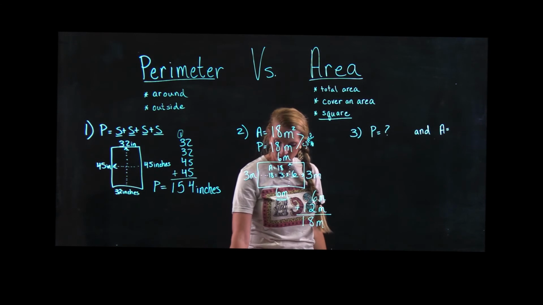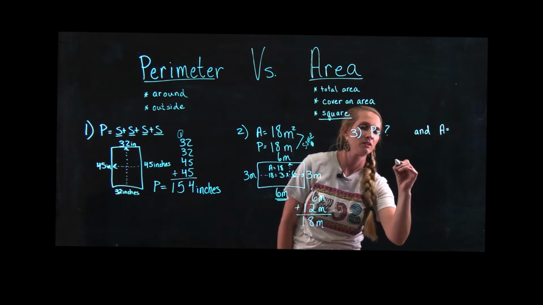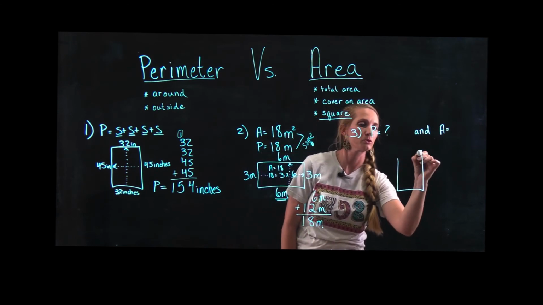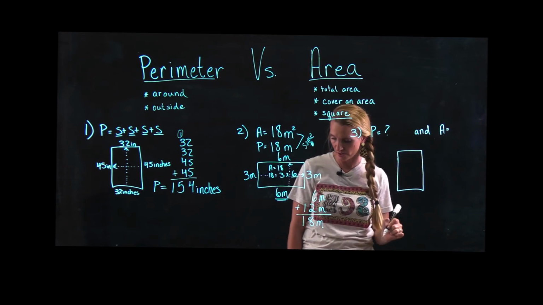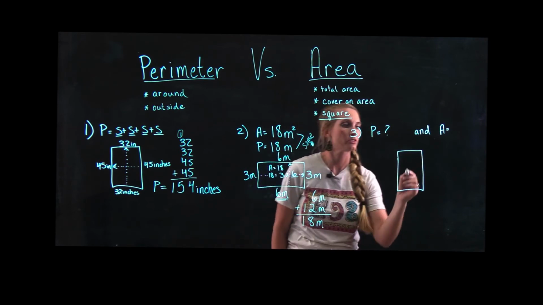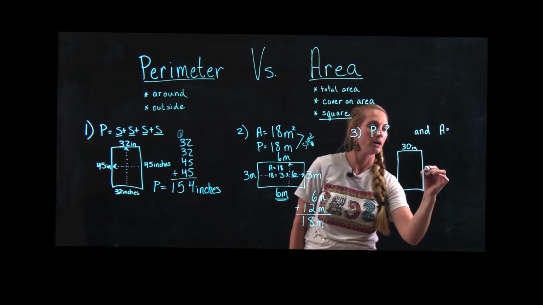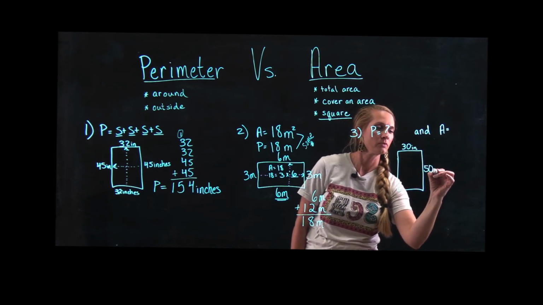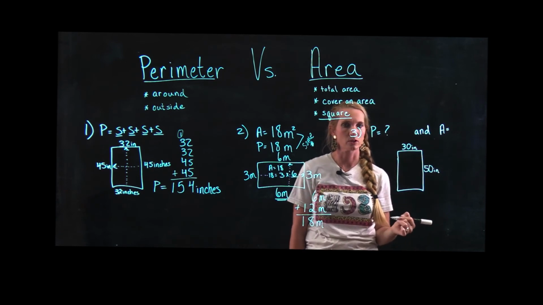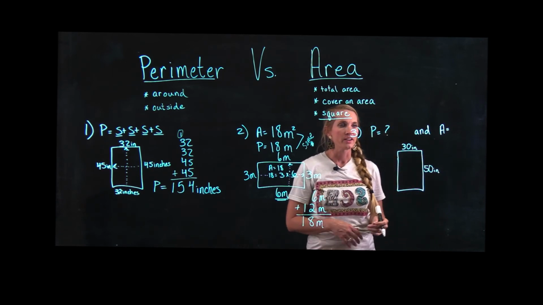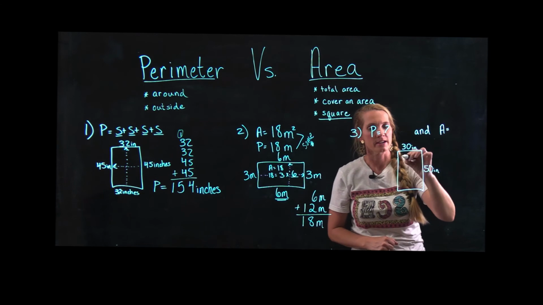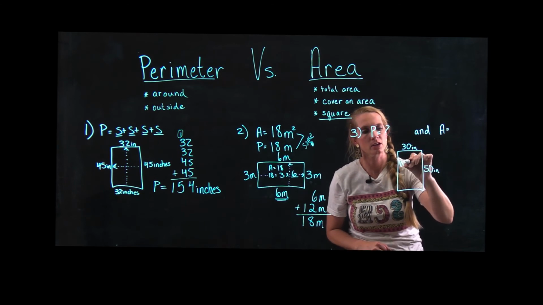Says Matt is framing his favorite poster. So I'm going to draw a little poster here. Most posters are in a rectangular shape, and it is 30 inches by 50 inches. So here we find the area first. I'm going to do that inside. Area equals length times width.